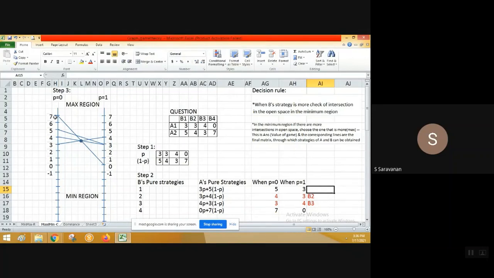P goes from 0 to 1. So you connect 5 and 3; this line is 5 and 3. This line is 4 and 3. This line is 3 and 4. And the last one is 7 and 0. Drawing a graph is easy. I'll give a minute. You can copy whatever we have discussed until now.